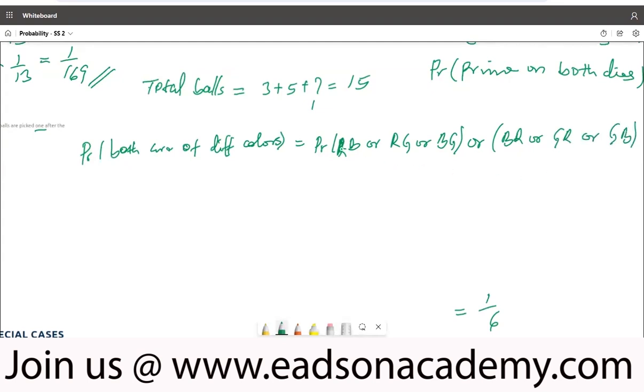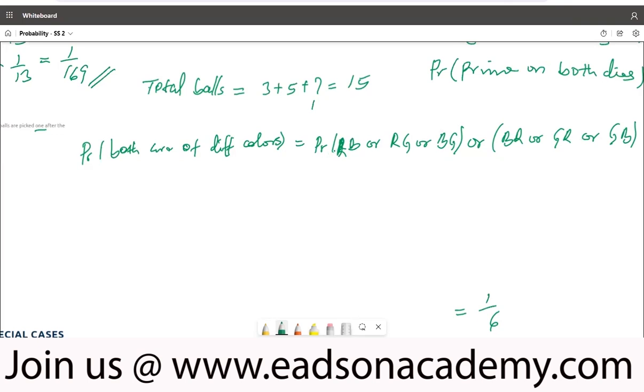That is, the probability that the first is red and the second is blue, or the probability that the first is red and the second is green, or the probability that the first is blue and the second is green, or blue, red: the probability that the first is blue and the second is red, or the probability that the first is green and the second is red, or the probability that the first is green and the second is blue.